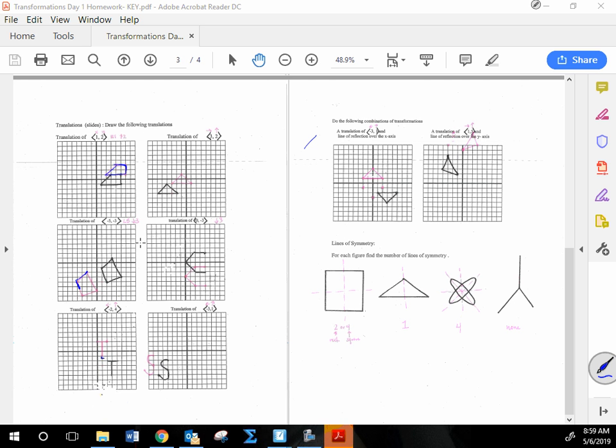Remember, this is just a different style of notation. Our first one where it says 1, 2, that's the same thing as saying (x, y) maps onto (x plus 1, y plus 2), if we were to use the other notation. Or in other words, shift right 1, up 2. This is just the vector notation for it.